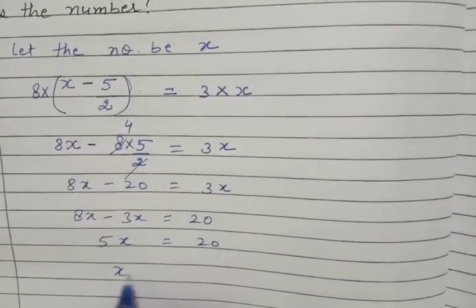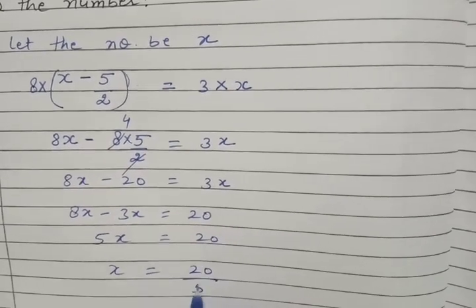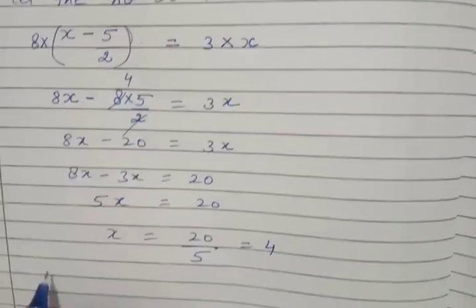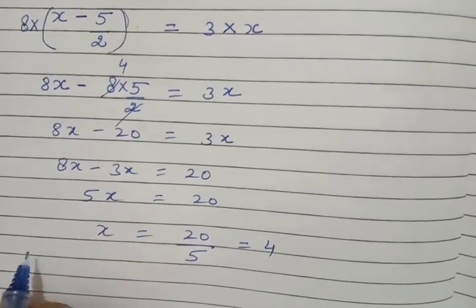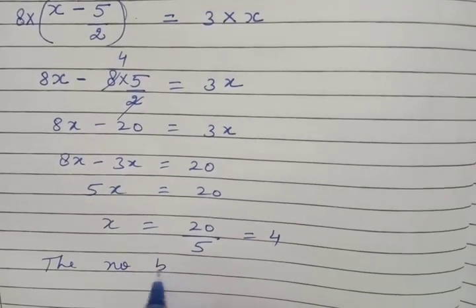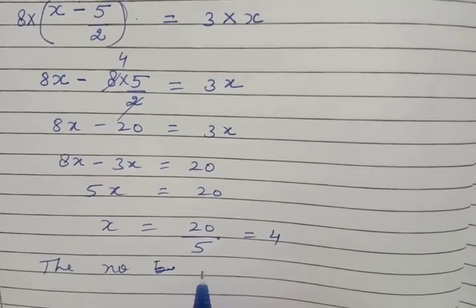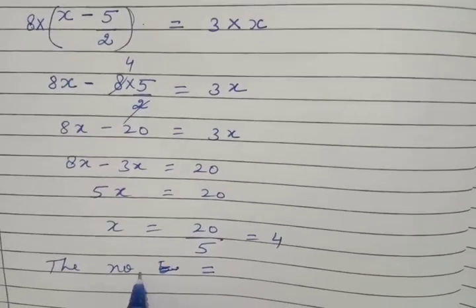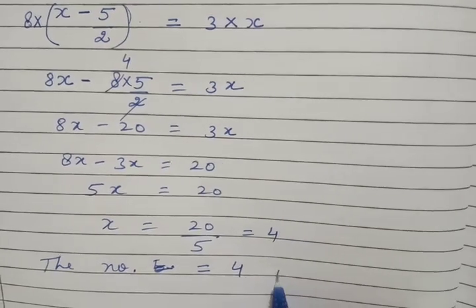This 5 will go in the denominator. So 20 by 5, and this is 4. Last line, very important to write always: our number is 4.